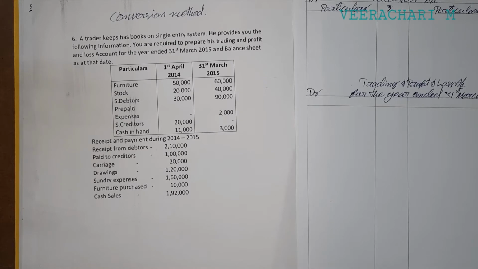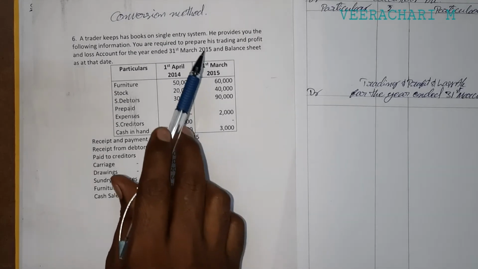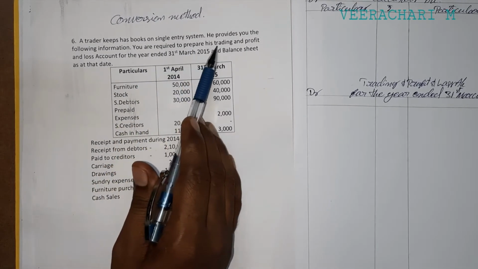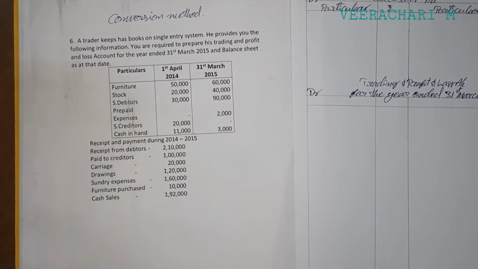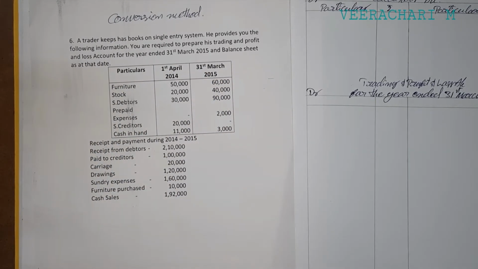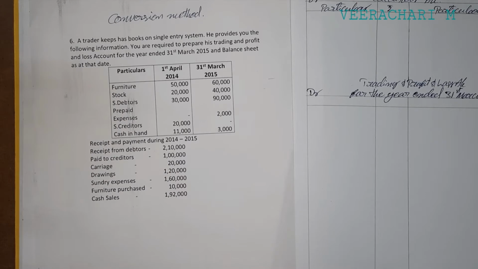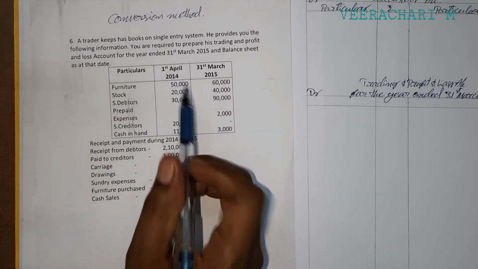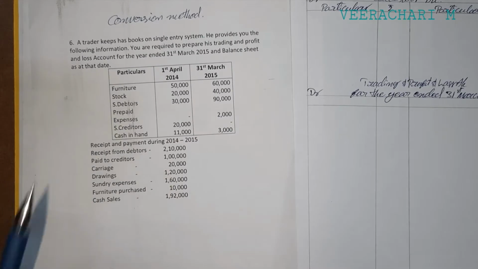For example, in this question you are required to prepare the trading and profit and loss account. But questions 1, 2, 3 and 5 had only a statement showing profit or loss. We prepared a statement showing profit or loss. But in the conversion method, we should prepare the trading and profit and loss account.